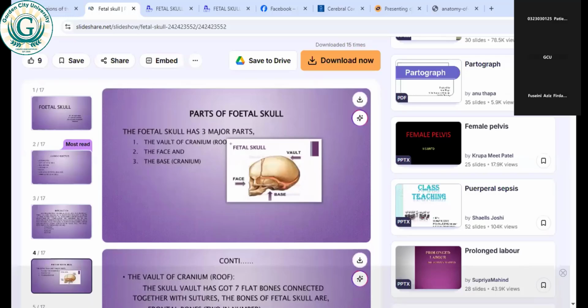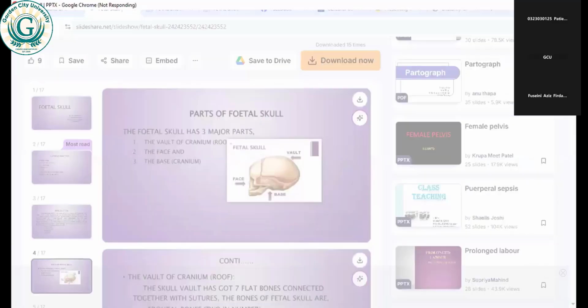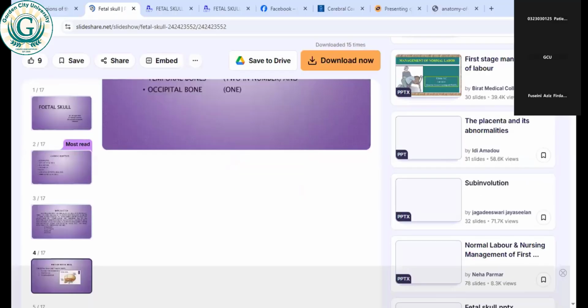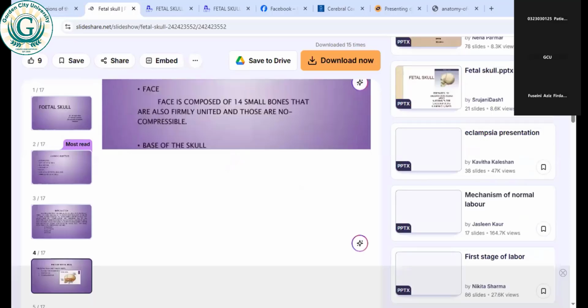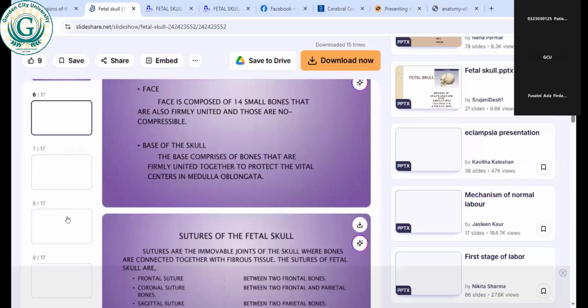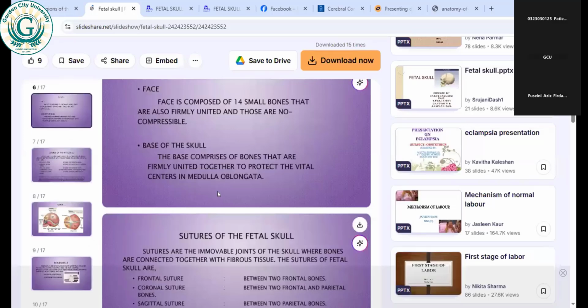So from all that, from the presentations, the vertex, the face, and then the brow, we move to molding. Molding is used to describe the change in shape of the fetal head that takes place during its passage through the birth canal. And we said during molding, each of the measurements we took reduces by 1.25.